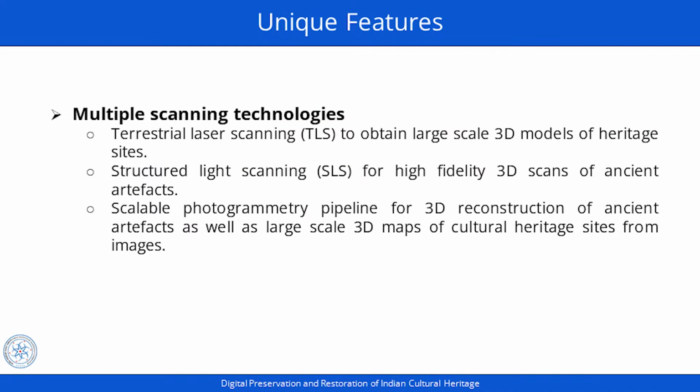So the uniqueness of the work lies in merging the terrestrial laser scanner and the handheld laser scanner for scanning small objects, as well as using just images to create the 3D model. So there are multiple modalities through which you can reconstruct a 3D space. We are giving solutions based on these three modalities: terrestrial laser scanners, handheld laser scanners, as well as images.